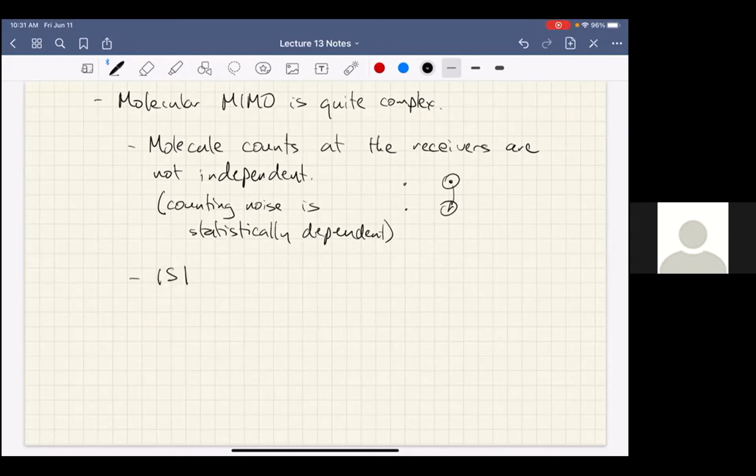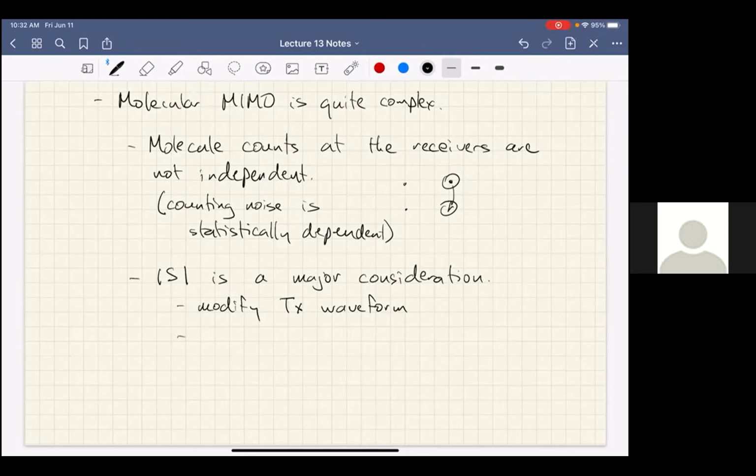ISI is a major consideration. So we skated through it. We didn't really talk about it at all. But techniques that you can use to mitigate ISI, you can modify the transmitter waveform to minimize ISI, like you can pre-code, something like that.